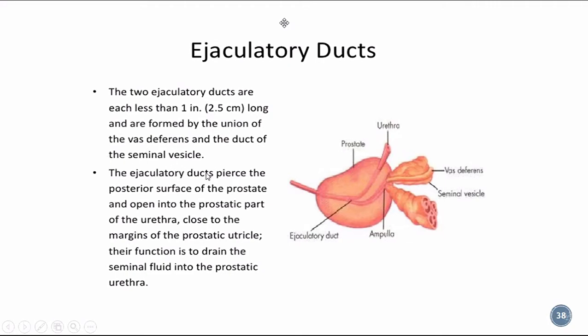These ejaculatory ducts pierce the posterior surface of the prostate and open into the prostatic part of the urethra, close to the prostatic utricle. The function of this duct is to drain the seminal fluid into the prostatic urethra. So, seminal vesicle plus vas deferens equals ejaculatory duct.